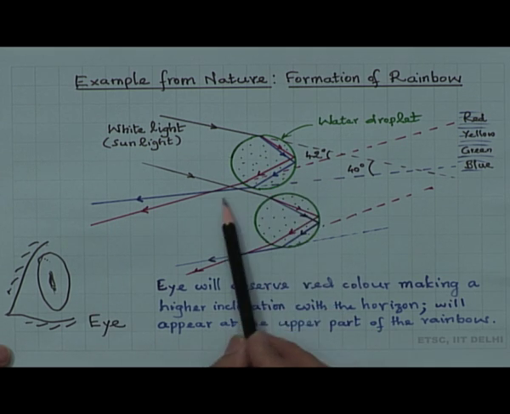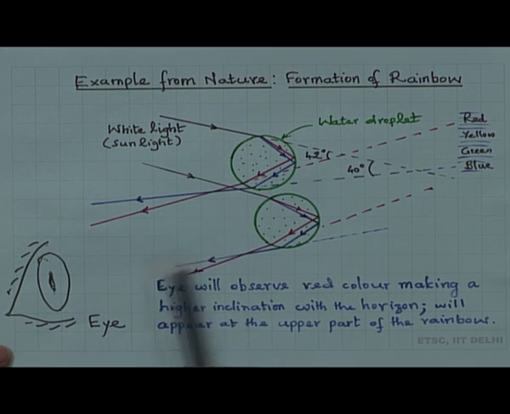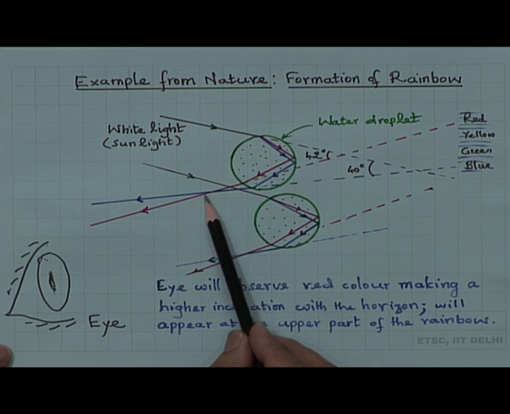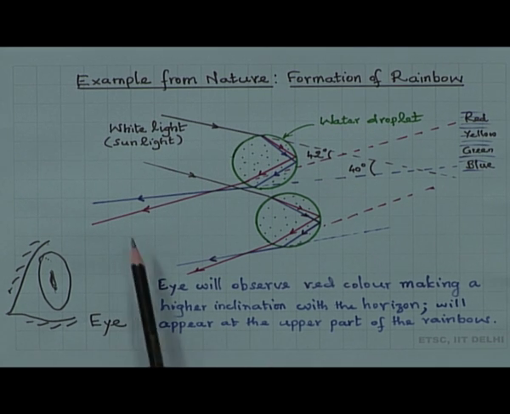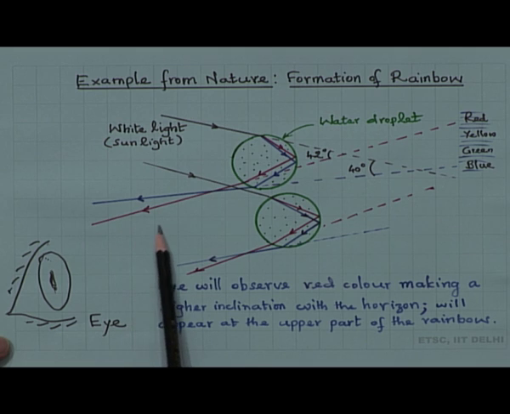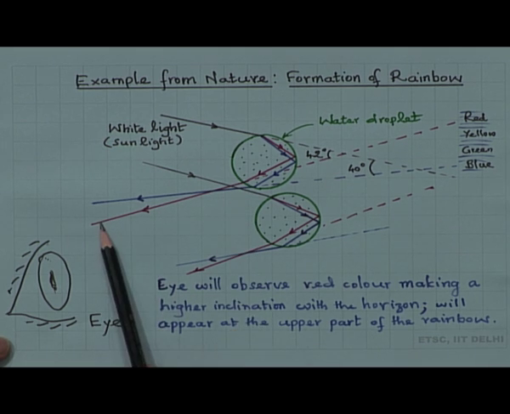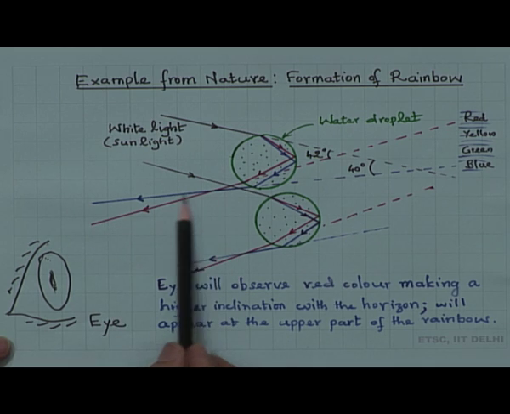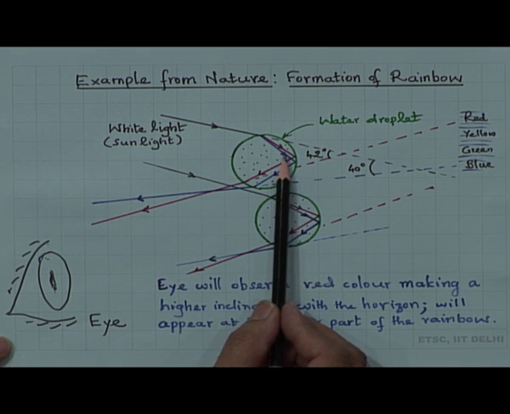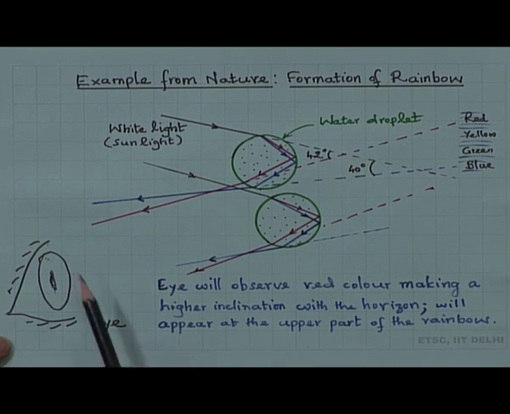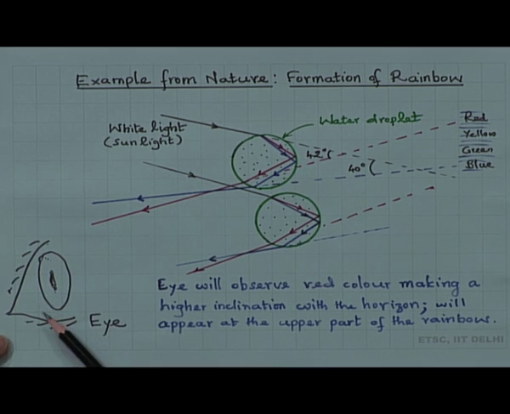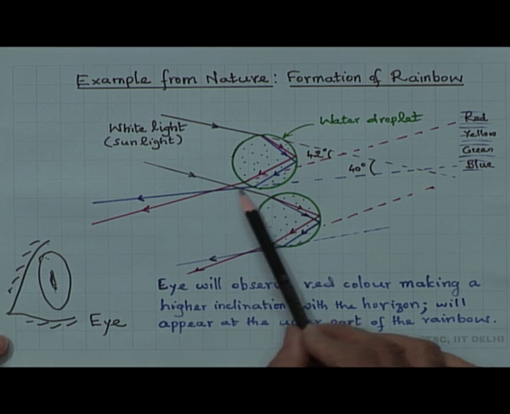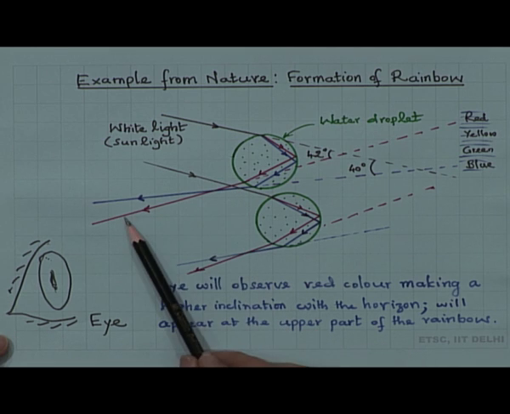Now, in the process as illustrated in the diagram here, we can see that red comes out at a larger inclination, the inclination angle with the horizontal. So, I am talking about the inclination angle with this horizontal. So, red comes out at a larger inclination and blue comes out at a smaller inclination, and therefore, because of the refraction, the dispersion which is taking place inside the medium, an observer, here I have represented an observer's eye, sees red at a higher angle because it is at a larger inclination.